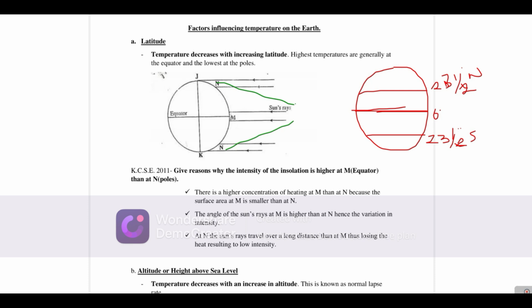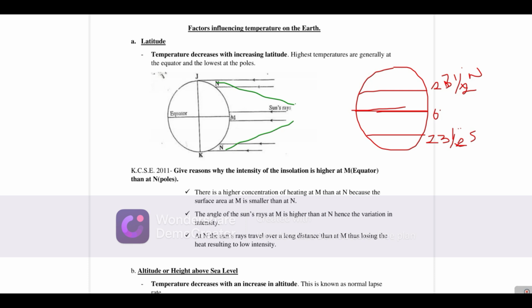So for one, there is a higher concentration of heating at M than at N, because the surface area at M is smaller than that at N. That is very correct. The surface area at M is smaller than that at N. And that is why there is huge concentration of sunlight at the equator.